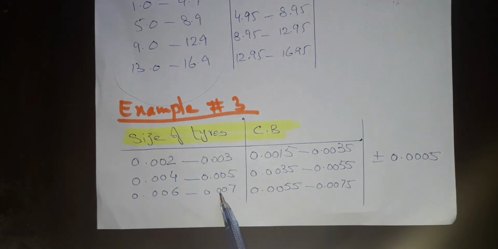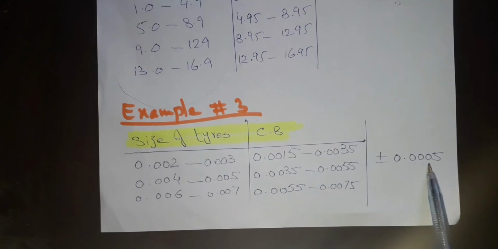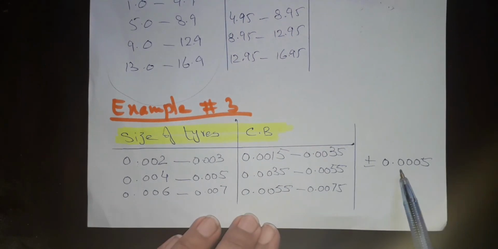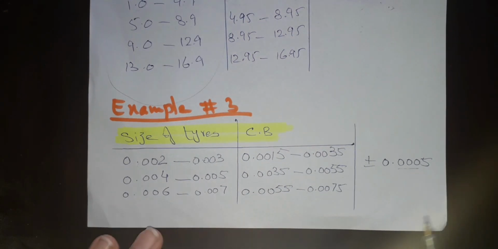After the point there are 3 digits, so we have to put after the point 3 zeros: 0.0005. Understand? Now in the lower values, we have to subtract this value: 0.002 minus 0.0005 right here.